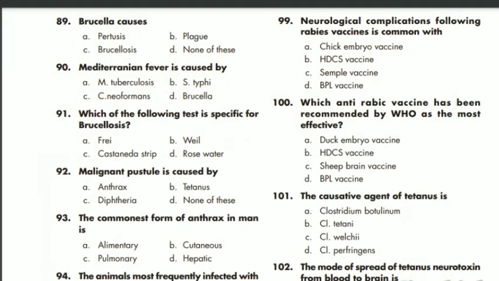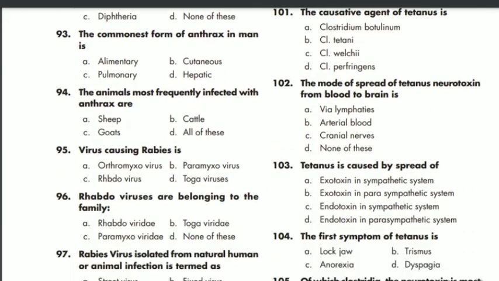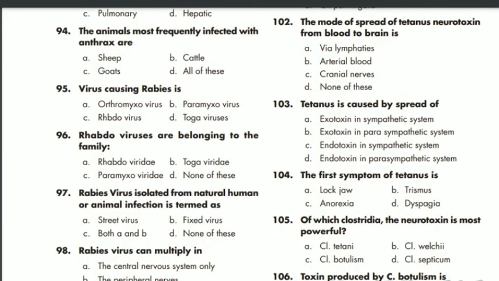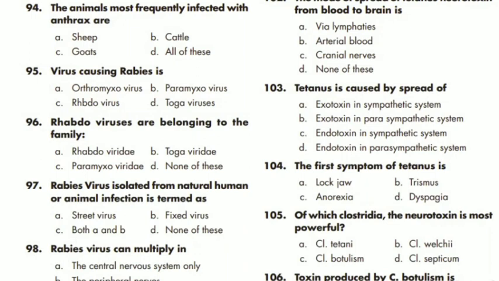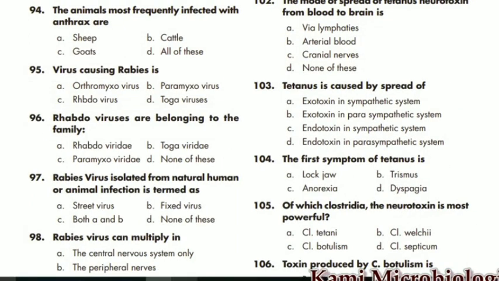B is the correct option. 102 MCQ says the mode of spread of tetanus neurotoxin from blood to brain is, so C is the correct option, cranial nerves. Tetanus is caused by the spread of exotoxin in the sympathetic system. That is the correct option. 104 MCQ says the first symptom of tetanus is lockjaw. A is the correct option.